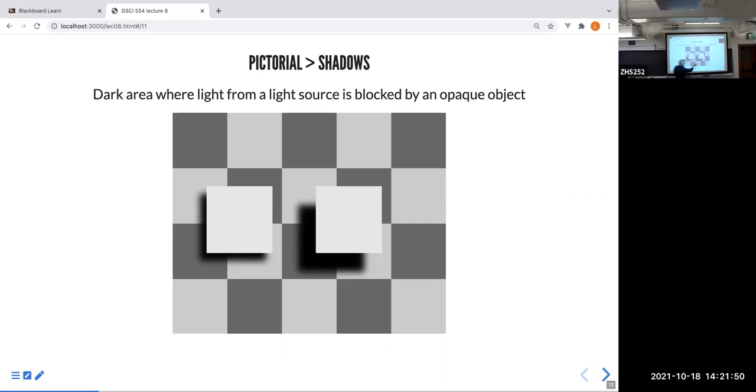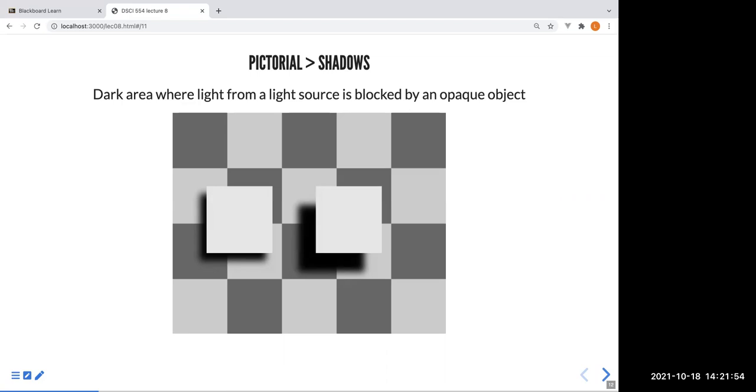is the reference, and the brain knows that if you have a source of light, the closer an object is to the plane, the smaller the shaded area behind it is going to be, and conversely, the farther it is from the plane and closer to your eye, the bigger the shadow is going to appear.